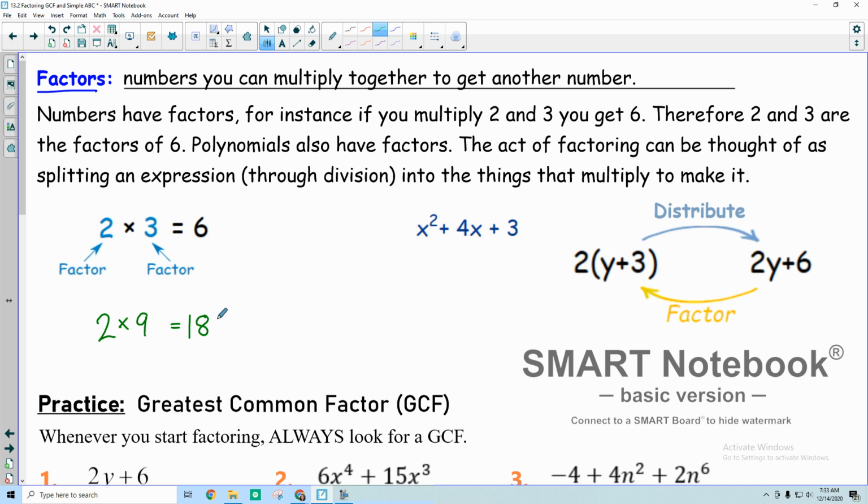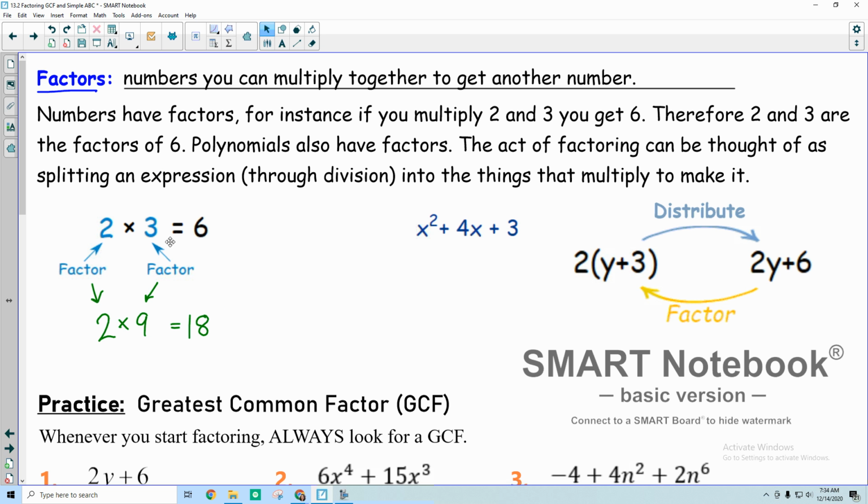If you struggle a little bit with your multiplication tables, I have some ways to work around that, and I'll definitely be going slower through these, just in case you don't know your multiplication tables, but if you do, there's definitely some places where you can fast forward a little bit as I go through things a little bit slower in case you don't know your times tables, okay? So both 2 and 9, those would be factors of 18, okay?